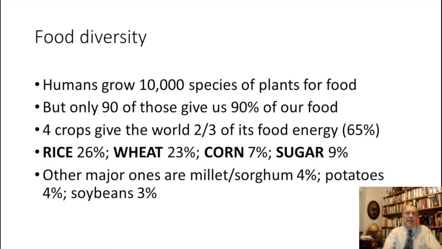Because the reality is, while we grow these 10,000 things around the world, only 90 of these crops give us 90% of our food, and 4 crops give the world 2/3 of its food energy. It's actually 65%.